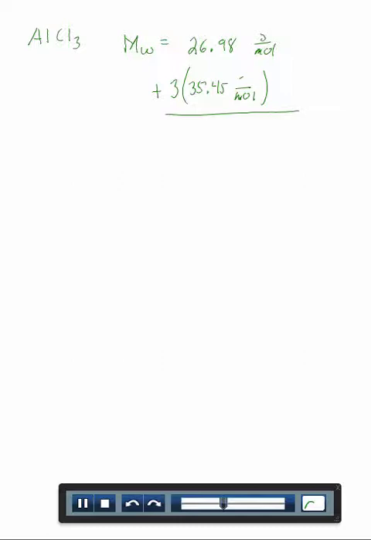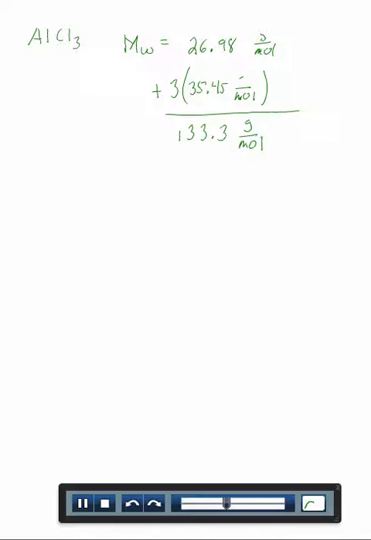So the molecular weight would equal the sum of the aluminum atom atomic weight, 26.98 grams per mole, plus 3 times the atomic weight of chlorine, 35.45 grams per mole, giving me 133.3 grams per mole for the molecular weight of aluminum chloride.